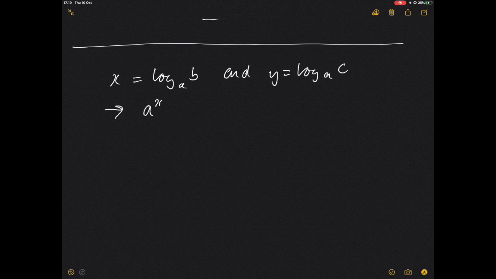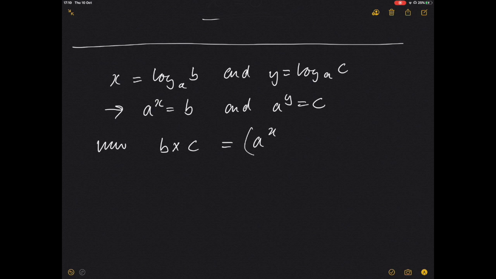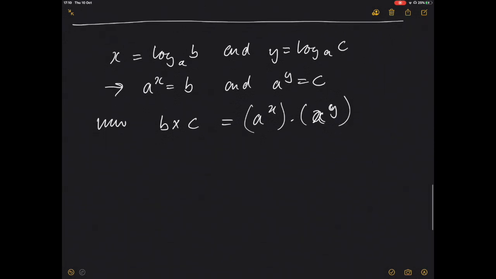So perhaps consider we have x equals log_a b and y equals log_a c. We can write that in a different form: a^x equals b and a^y equals c. Now if we said b multiplied by c, that would be the same as a^x multiplied by a^y.